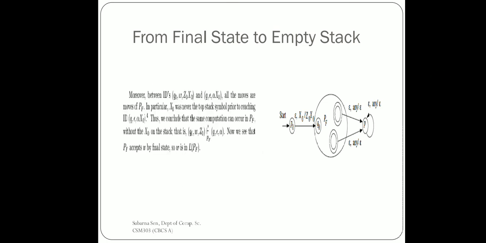So what we have done here: between the two IDs, that is (q0, w, Z0 X0) and (q, epsilon, alpha X0), all the moves are moves of PF. I have already explained the same thing in the previous slide. So you can see that we have added two features, at the beginning, that is from p0 how we can move to q0, and from PF how we can move to p, right?